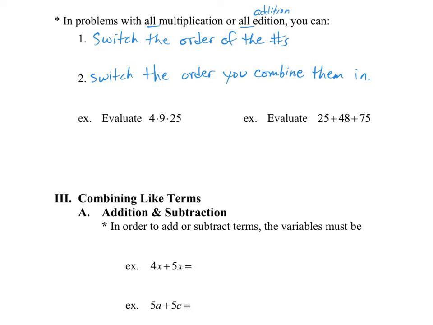Okay, so for these, like 4 times 9 times 25, kind of how does this come in handy sometimes for real life? If you're trying to do this without a calculator, that's going to be kind of tough in some ways, but do you see how you could combine those numbers to make it a whole lot easier? So 25 times 4, so if we're kind of switching the order here, 9 times 4 times 25, and so all multiplication, you can change the order, and you can change how you combine them. 4 times 25 is just 100, so really this is 9 times 100, or 900.